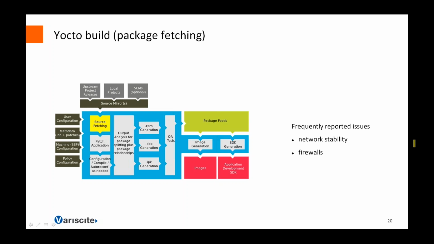So in this phase, you can experience problems connecting to those repositories because maybe the servers are down or there is a connectivity problem somewhere in the middle. This is what I mean by network stability.